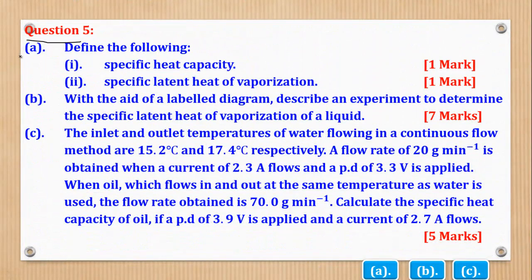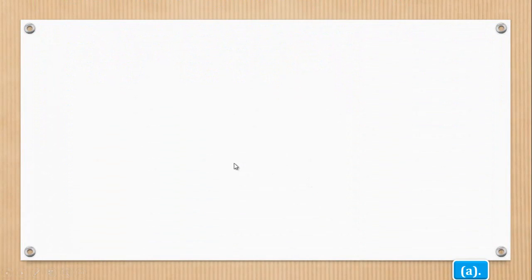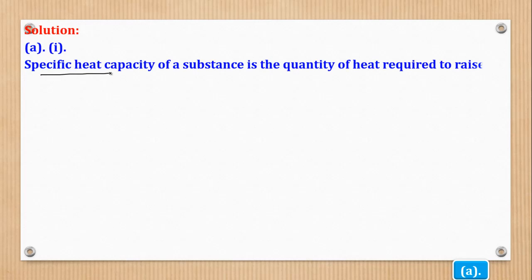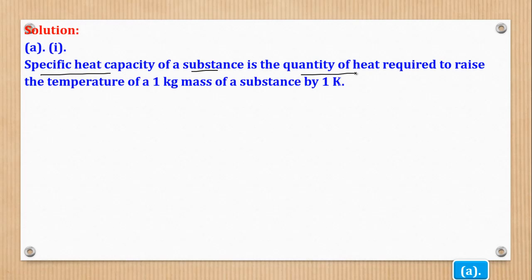Then question 5, part A, define the following. Roman 1, specific heat capacity, and Roman 2, specific latent heat of vaporization. So specific heat capacity of a substance is the quantity of heat required to raise the temperature of 1 kilogram.